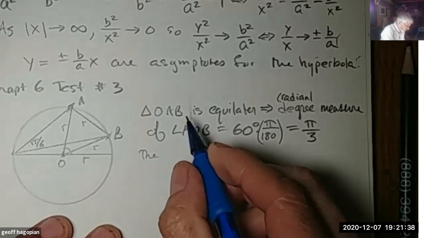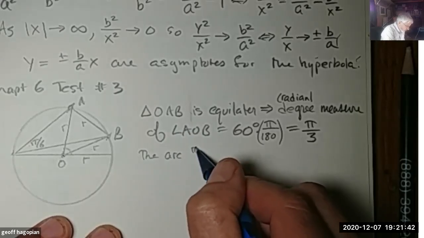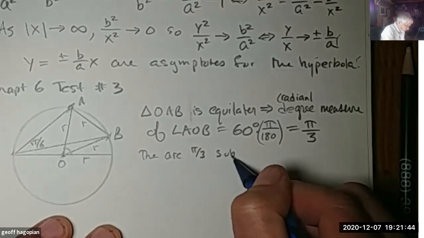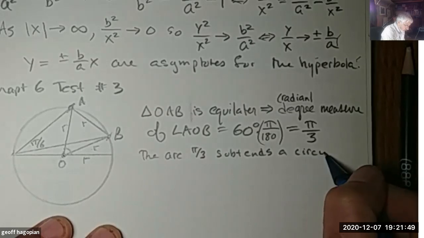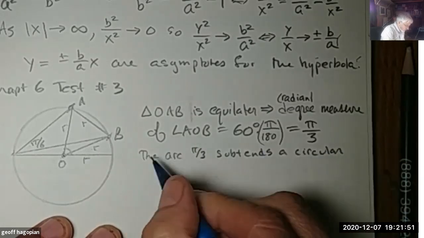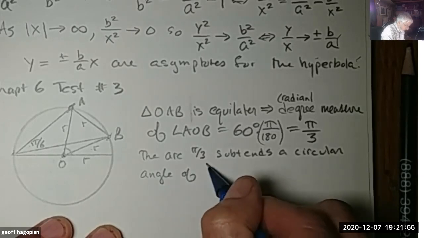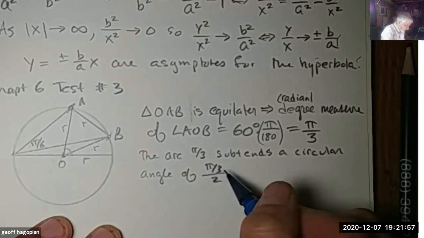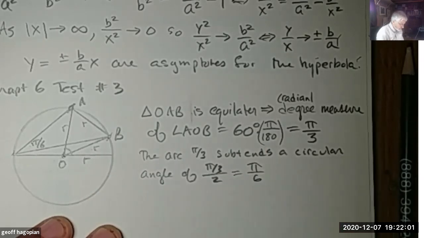The arc pi over 3 subtends a circular angle of half of that, right? Pi over 3 over 2. The circular angle is half the central angle, which is pi over 6. So I think that's the right answer.